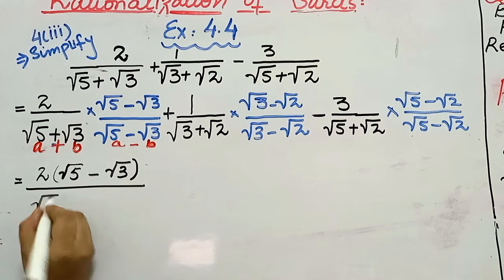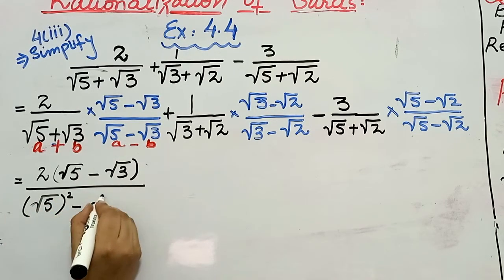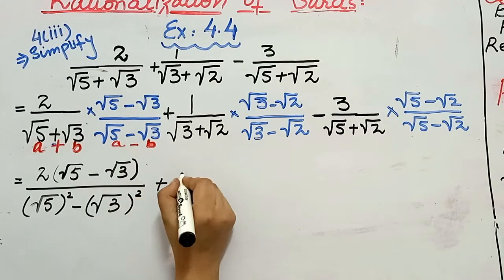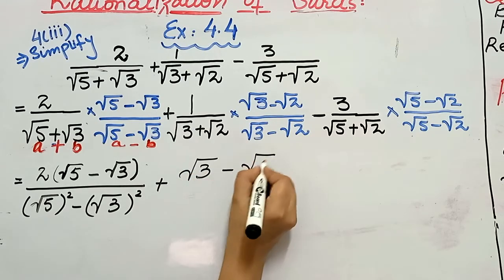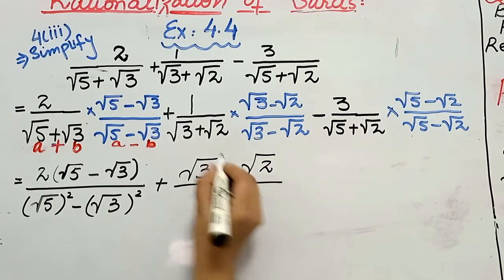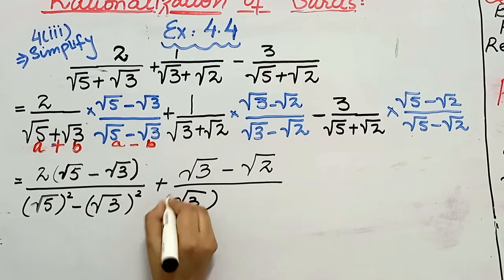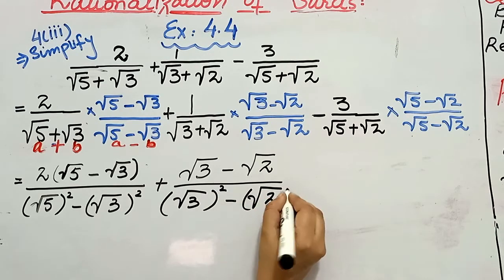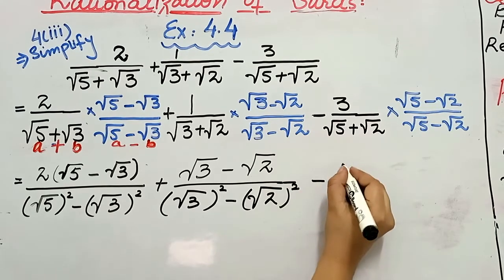So in the place of a there is under root 5 whole square minus under root 3 whole square. Plus 1 will be multiplied with the numerator, so the same will come. This is again a plus b into a minus b, under root 3 whole square minus under root 2 whole square. I hope you are getting it.